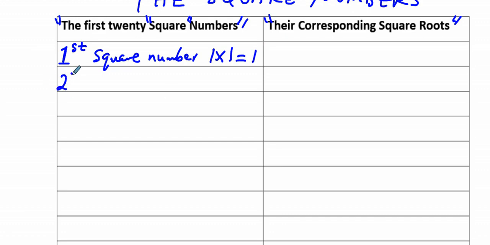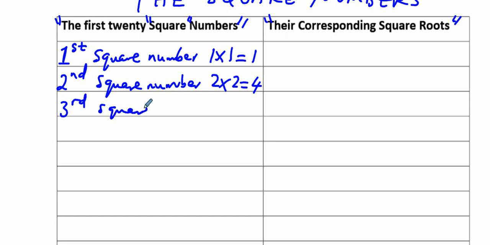If you're looking for the second square number, you look at the position number, which is 2, and multiply by itself. This gives you 4. So if you're looking for the third square number, you would do 3 times 3, and it gives you 9.